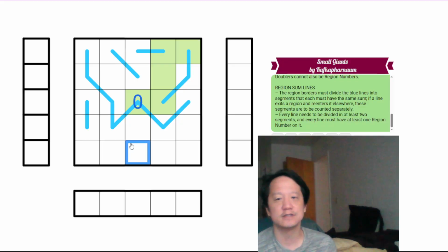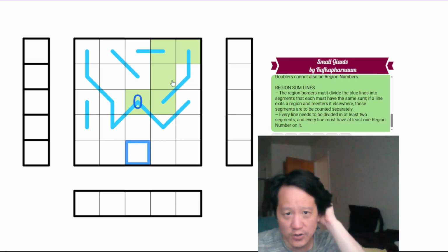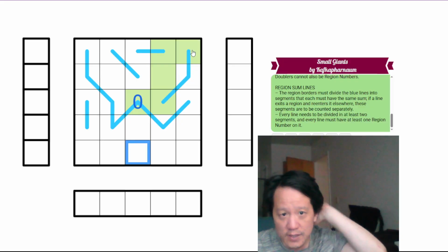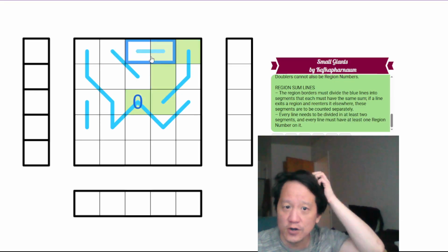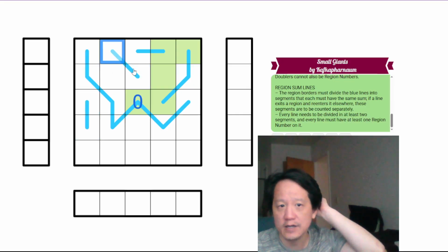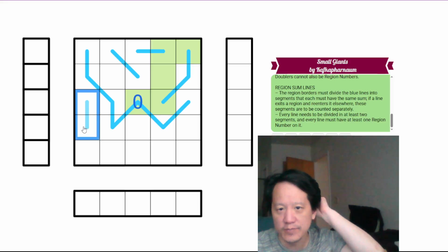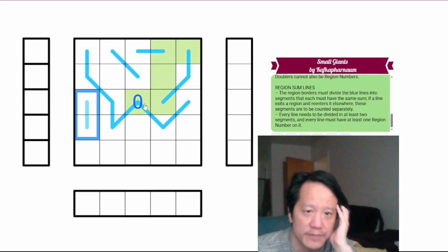Okay, so that's an interesting rule. Say this was a valid region. Then first of all, every 2-length line still has to have a region border between them, because each line must be divided into at least 2 segments, right?